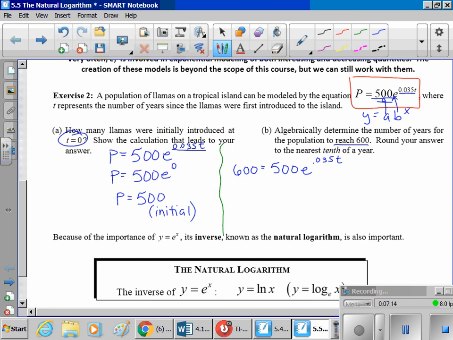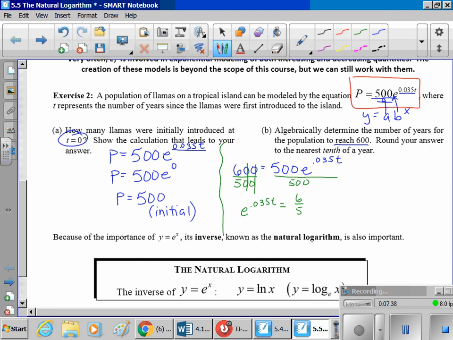The first thing we do is just like before. I'm going to work with it on the right-hand side just because I don't have that much room here. So I'm going to divide both sides by 500, and I'm just going to count this as 6 over 5. So now I'll rewrite it as e to the 0.035 t is equal to 6 over 5.